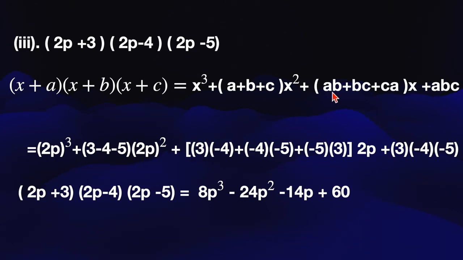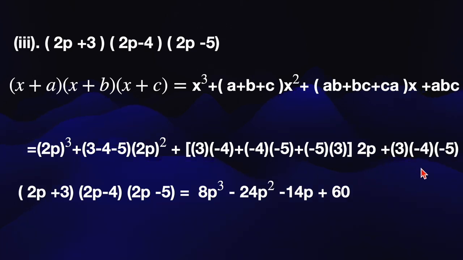Now we are going to do ab. ab is 3 into minus 4, minus 4 into minus 5, plus minus 5 into plus 3, into x. So 2p. And then plus abc, so 3 into minus 4 into minus 5. Now you open these brackets, you will get these values, and this is the answer.